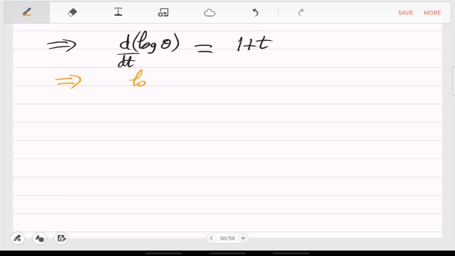You will get log theta is equal to t plus t square by 2, that's all, or something else? Yes, there is also an unknown constant. Which means that theta t function is exponential.